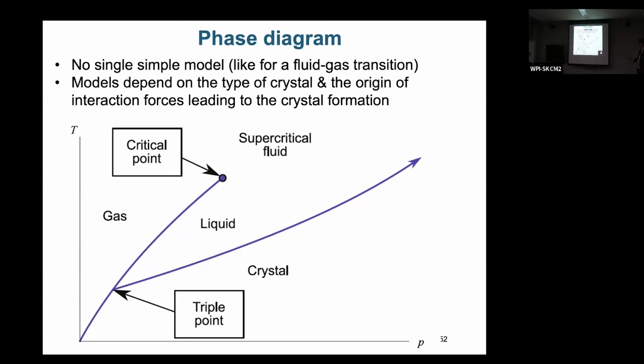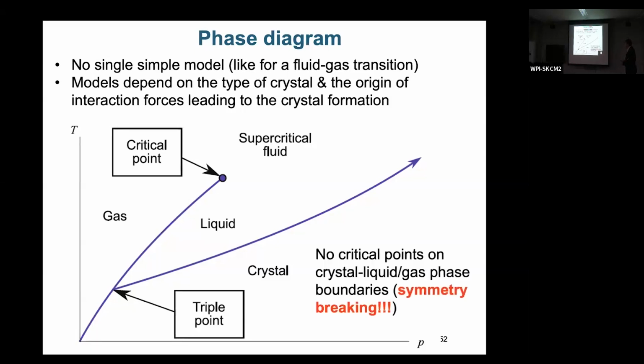They have the same symmetry, and therefore you can get to the conditions where you go through the supercritical fluid from one to the other, and you cannot tell apart whether you're in a gas or fluid. But if you have a liquid and a crystal with certain symmetry, right, then this can never happen, and you will have to break symmetry somehow, right?